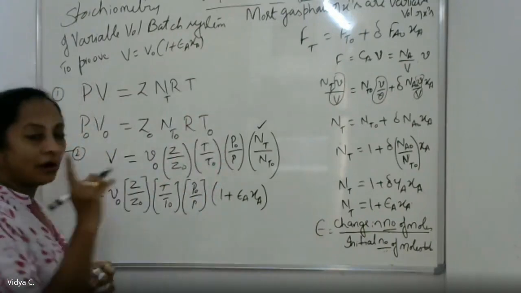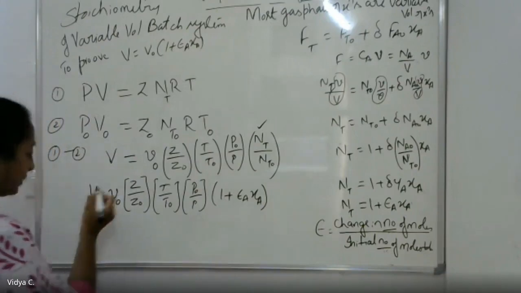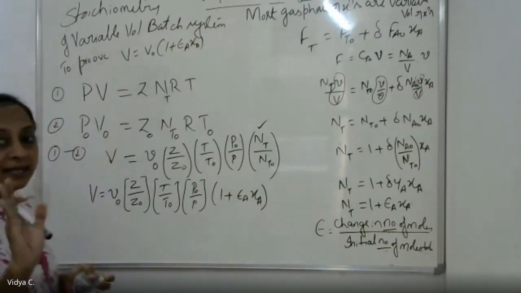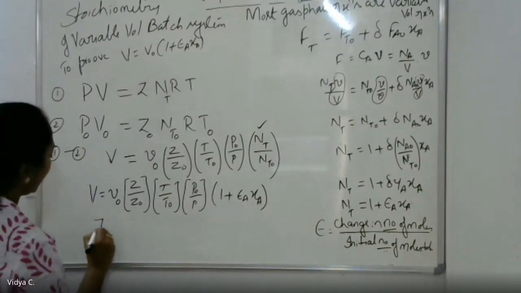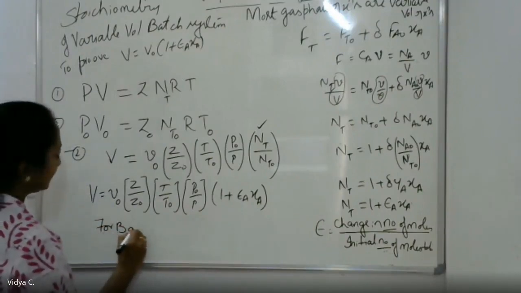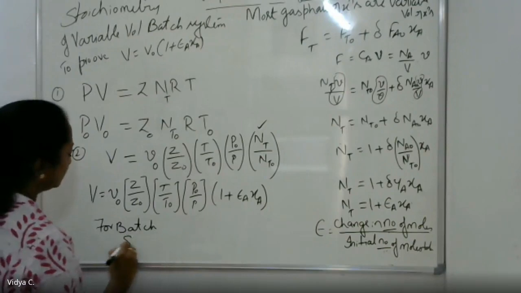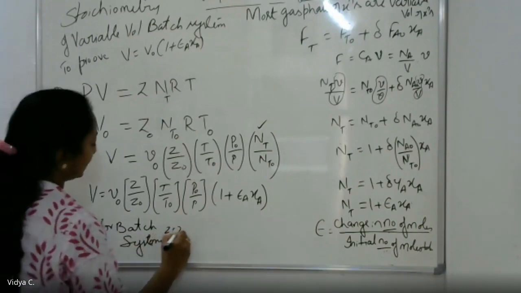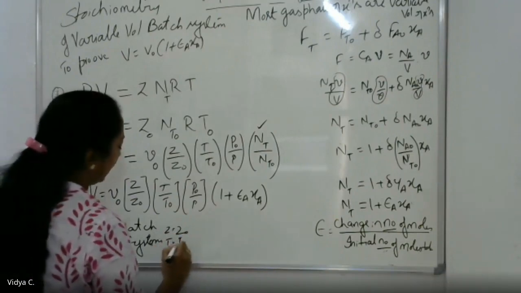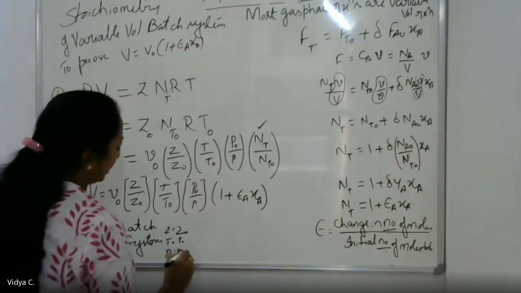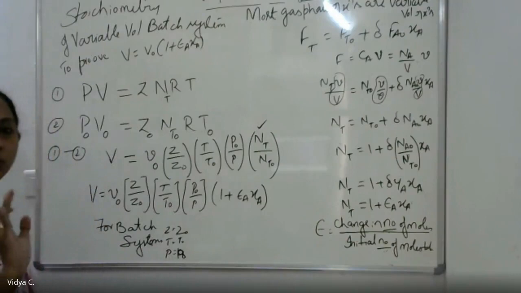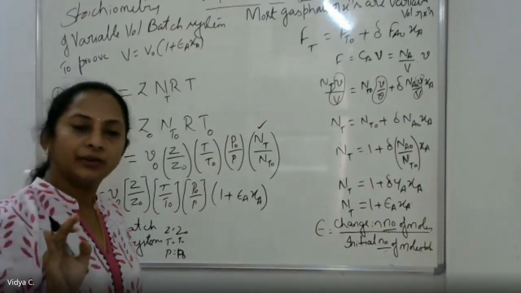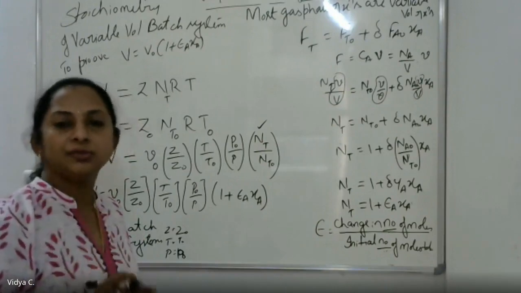So for a variable volume batch system, the conditions are not changing. So Z is equal to Z naught, T is equal to T naught, P is equal to P naught. Only the number of moles are changing, and since the number of moles are changing, the volume changes.